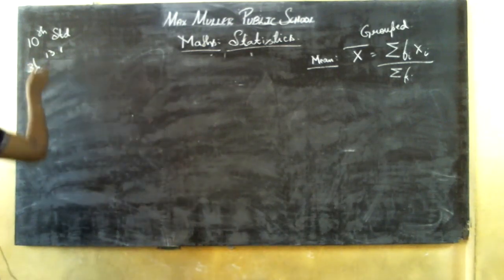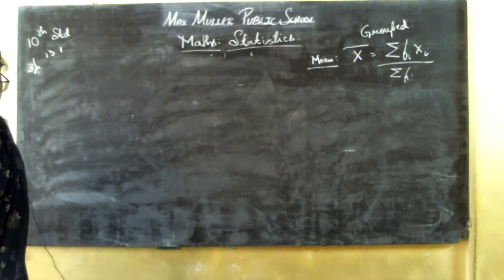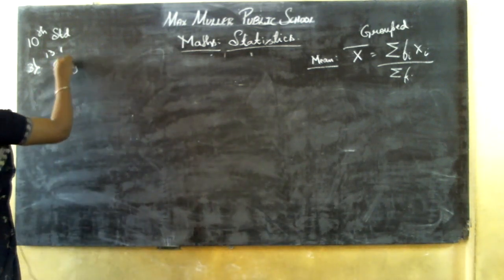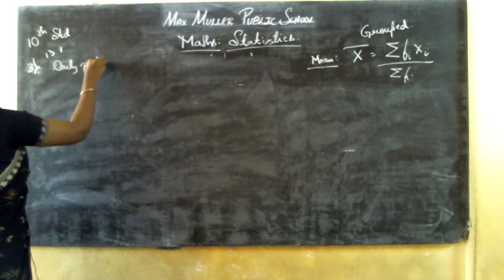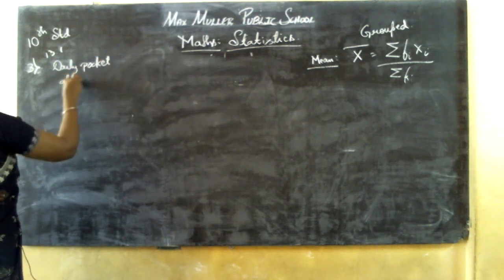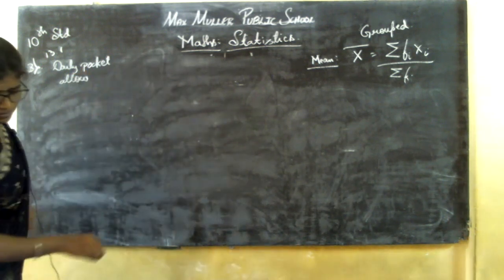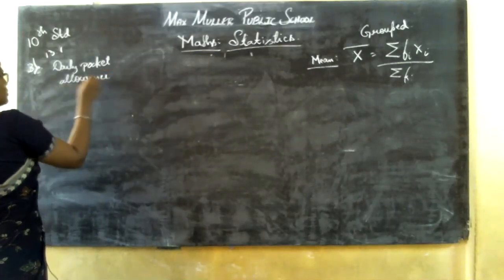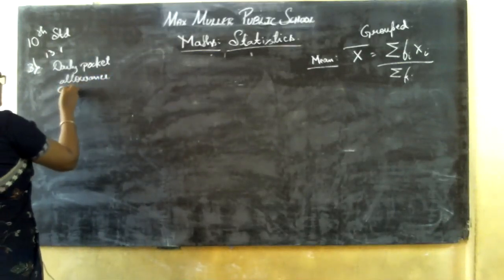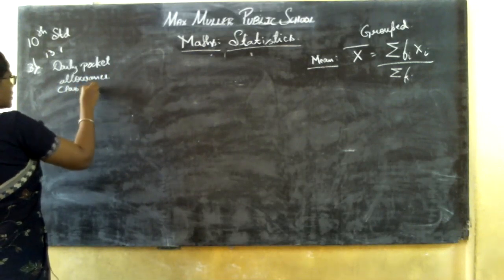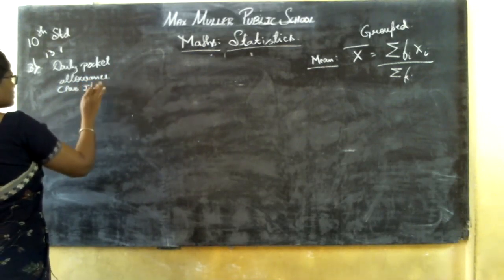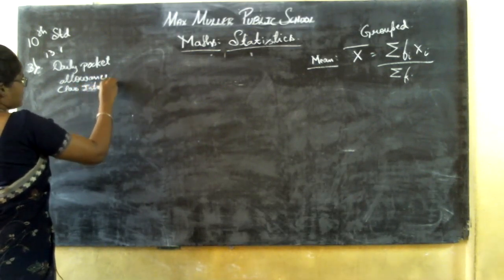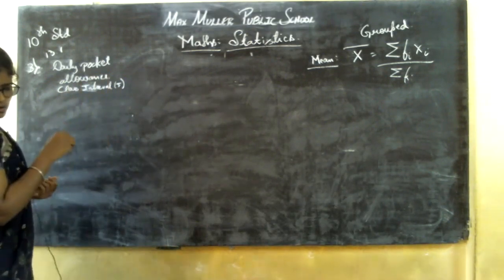Coming to the third sum where we are finding the missing frequency. So daily pocket allowance. Let me take that as a class interval initially, so let me indicate it as I. So what are the numbers?